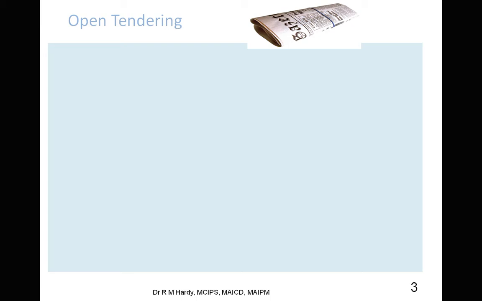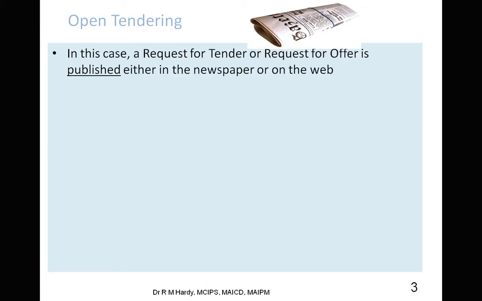I pirated these slides again from Robin Hardy, who gave this lecture 2 years ago. But when we talk about open tendering, we're talking about medium to large projects for organizations that require absolute transparency.